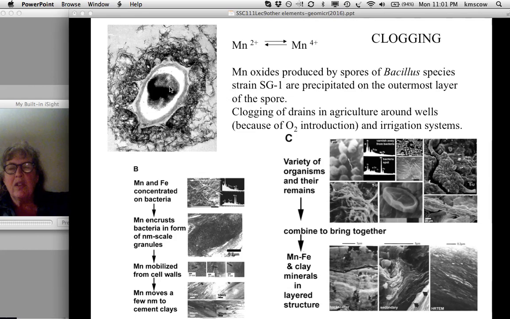It can be organisms like this, and not just bacillus, but others as well. If they do oxidize the manganese, they can create these layers of precipitation that end up filling the pipe until water can't drain in them anymore.